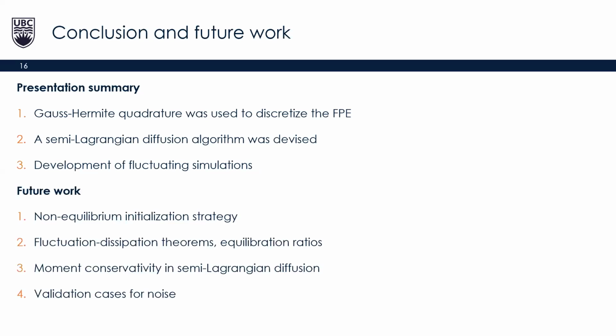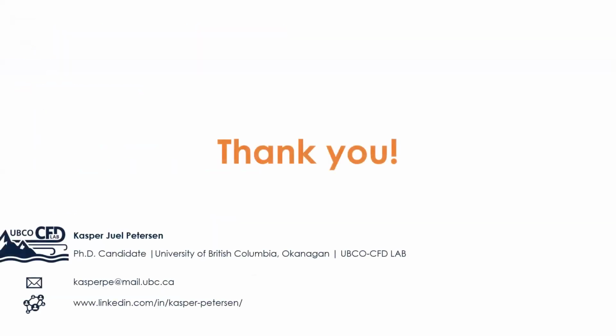And for future work, a lot of it is validation at this point, to make sure that this scheme is actually thermodynamically consistent. And this requires both deriving fluctuation-dissipation theorems, figuring out if everything is conservative, and figuring out good validation cases for noise. Yeah, I think that's about it. Thank you.